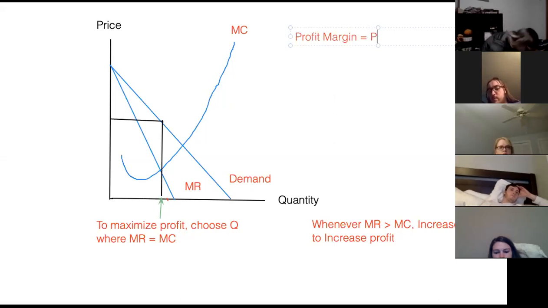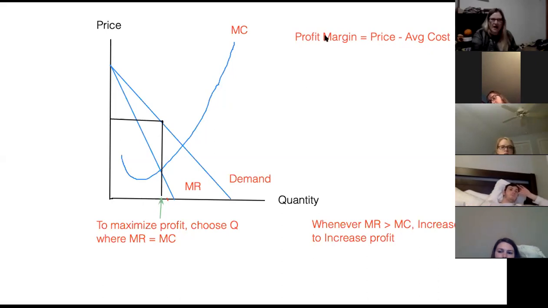The profit margin is defined as price minus average cost. Price is actually average revenue. So if your price is greater than your average cost, then you are making a positive profit margin. That means you're making money.